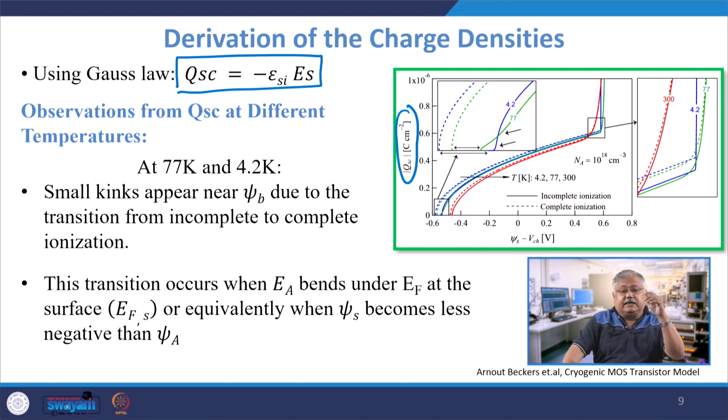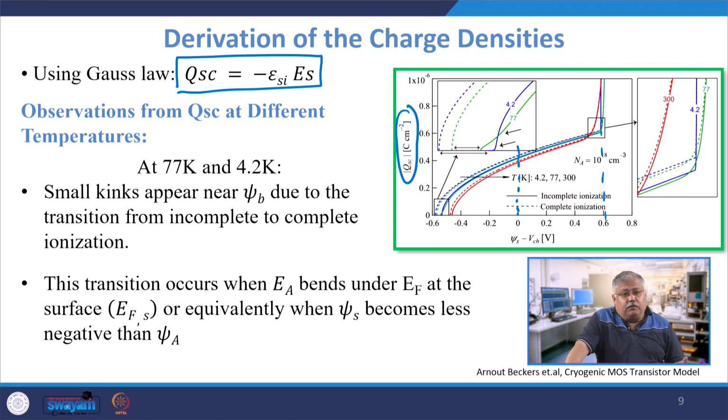Psi s is the surface potential and VCH is the channel potential, right. This is the point where psi s and channel potential are exactly the same, and somewhere around 0.6, the difference between the surface potential and the channel potential becomes approximately 0.6, and suddenly the charge increases.